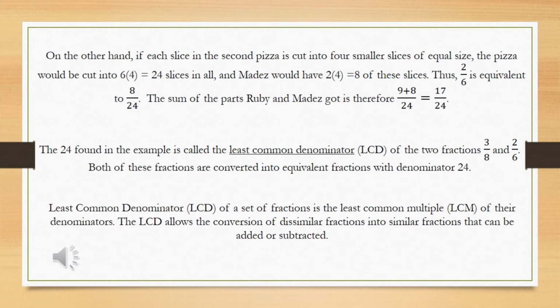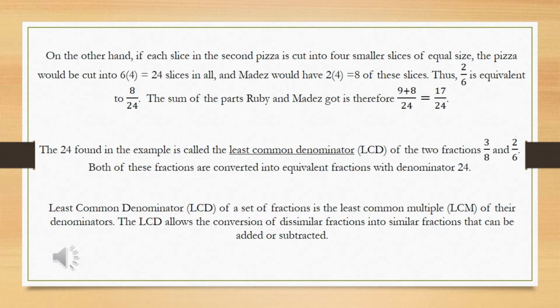On the other hand, if each slice in the second pizza is cut into 4 smaller slices of equal size, the pizza would be cut into 6 times 4 equals 24 slices in all, and Adeng would have 2 times 4 equals 8 of these slices. Thus, 2/6 is equivalent to 8/24.